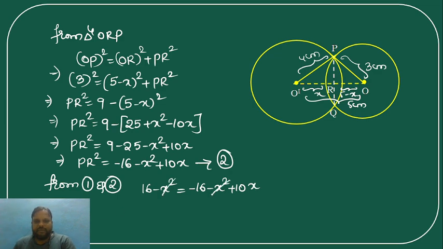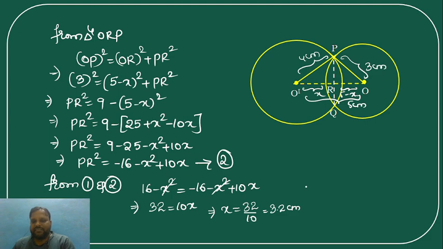So minus X square gets cancelled and minus 16 comes to the left side, it becomes 16 plus 16, that is 32, is equal to 10X. So from here, X value is 32 by 10. So this becomes 3.2 centimeters, or you can keep it as it is, 32 by 10 centimeters, no problem.